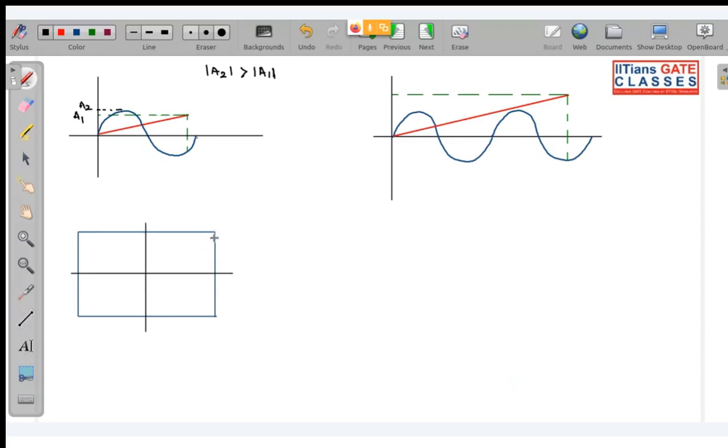One more thing you can see over here is that this is the time period of the signal and this is the time period of the sweep. One more thing to observe is that the time period of sweep is less than the time period of the signal. Can you see this? These 2 points are visible in the diagram.